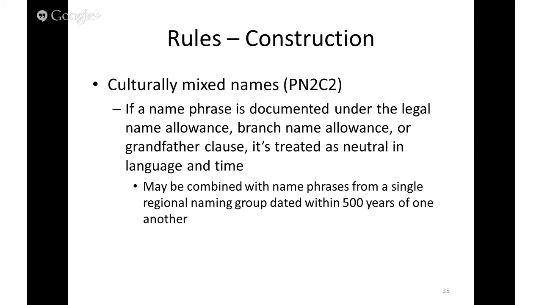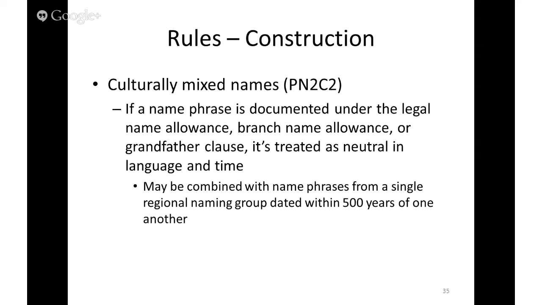So, for example, if my legal first name is Julian, I can combine that with Smith, which is an attested English name, to make Julian Smith. However, I cannot make myself Julian Smith de Paris, because that would be legal name plus an English name, Smith, plus de Paris, a French name.